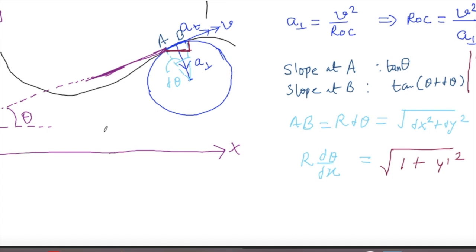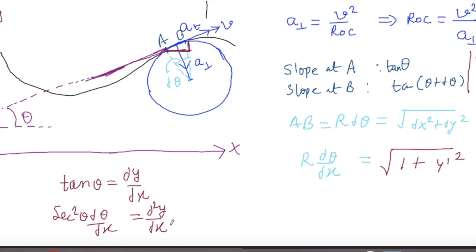So I'm writing here, tan theta is dy by dx, and if you differentiate both sides you'll get sec square theta d theta divided by dx is equal to the second order derivative of y with respect to x. I wanted to calculate d theta by dx, so I'm done because I got d theta by dx.